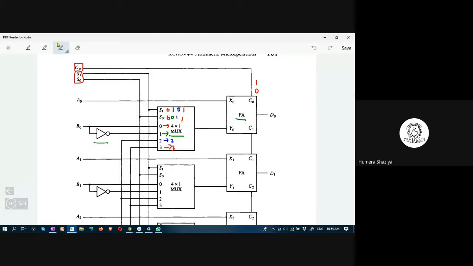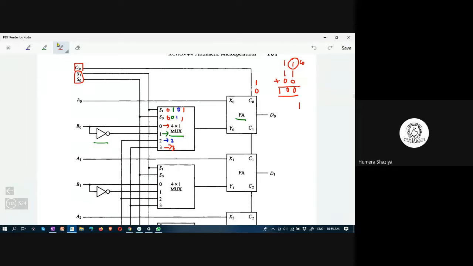Depending on the operation, if it is addition, then the extra carry just adds: 1 plus 1 is 0, carry 1. If it is addition, this is an extra carry, C naught. If it is subtraction, it is used for obtaining the two's complement.